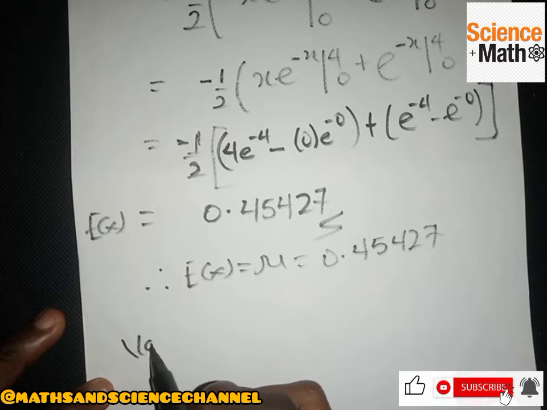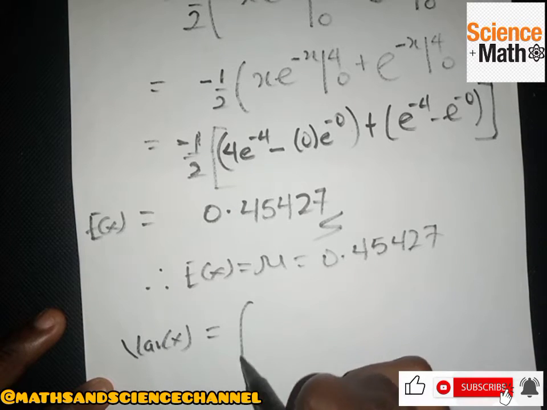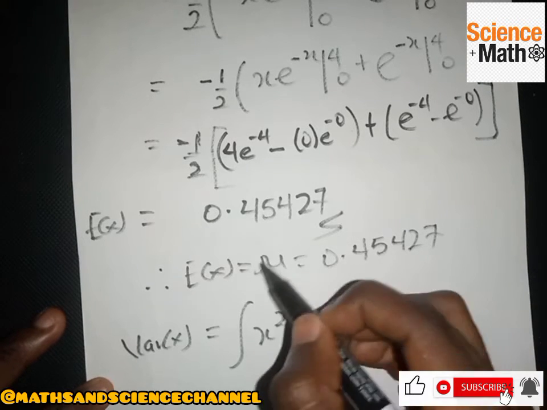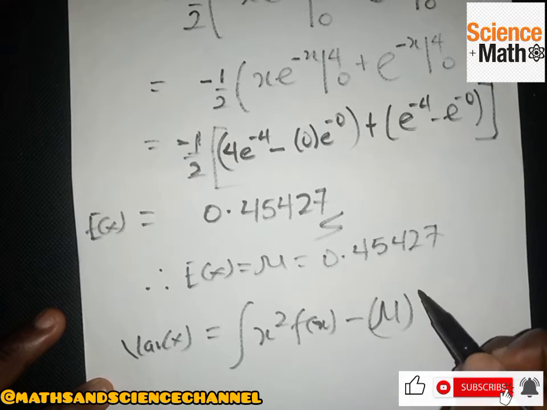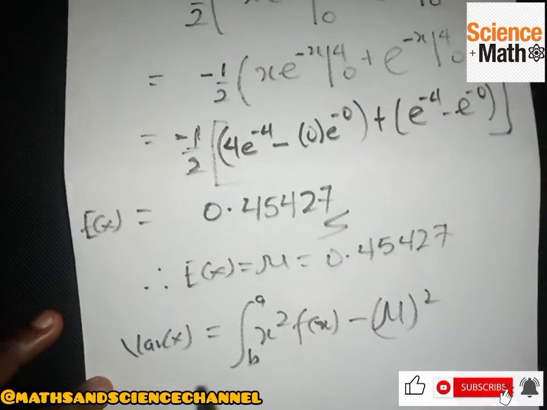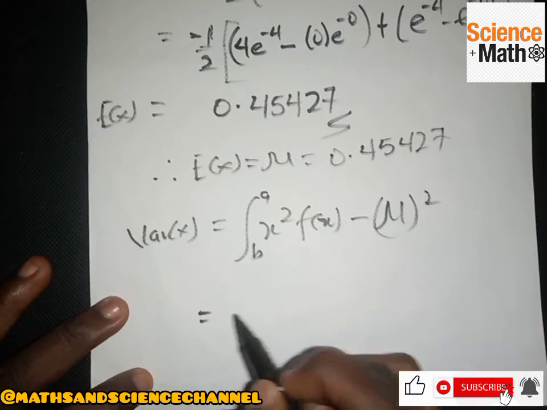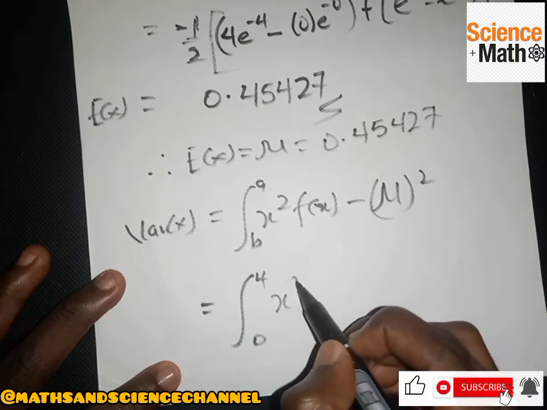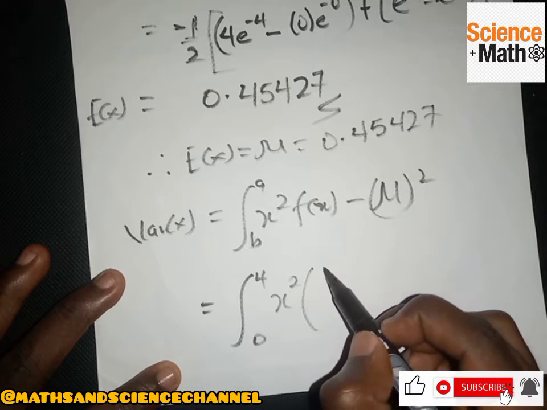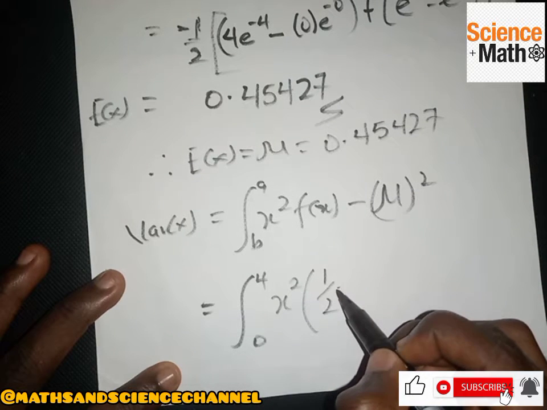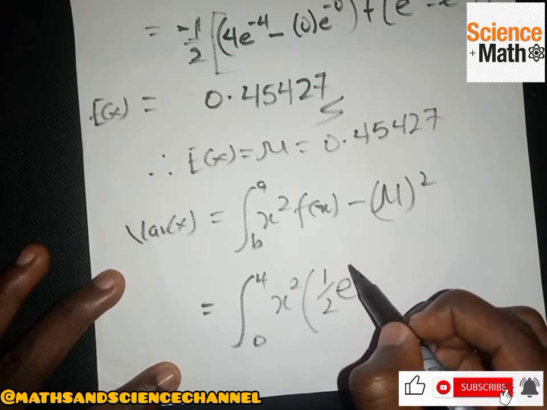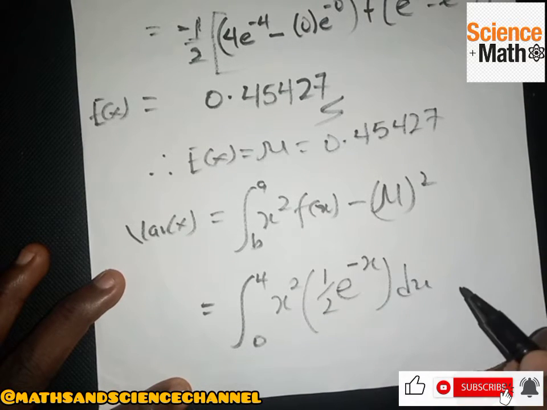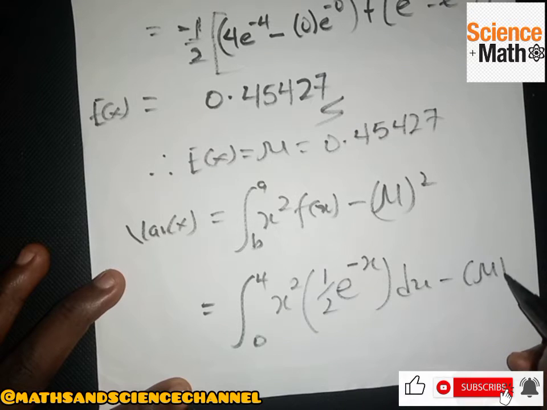In this case, the variance is just the integral of x squared f of x minus the mu squared that we got over here. So we have from 4 to 0, x squared multiplied by 1/2, and then e to the power minus x dx, minus mu squared.